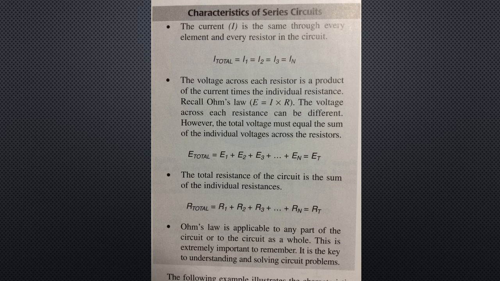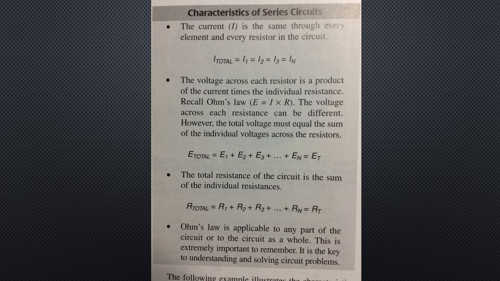These are the characteristics of a series circuit, where the current, or I, is the same through every element and every resistor in the circuit, where I total equals, for example, I1 equals I2 equals I3, and so on. The voltage across each resistor is the product of the current times the individual resistance.